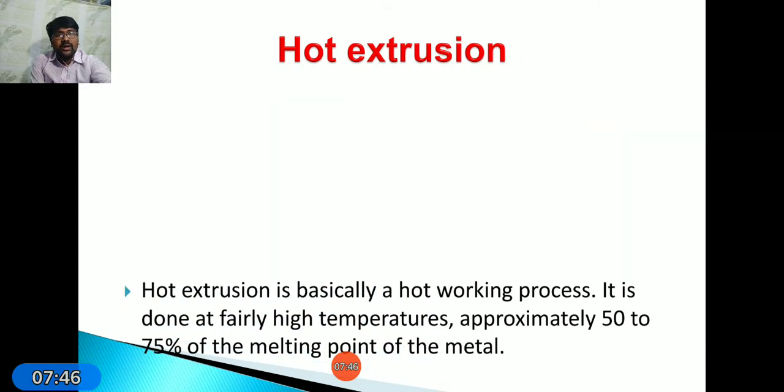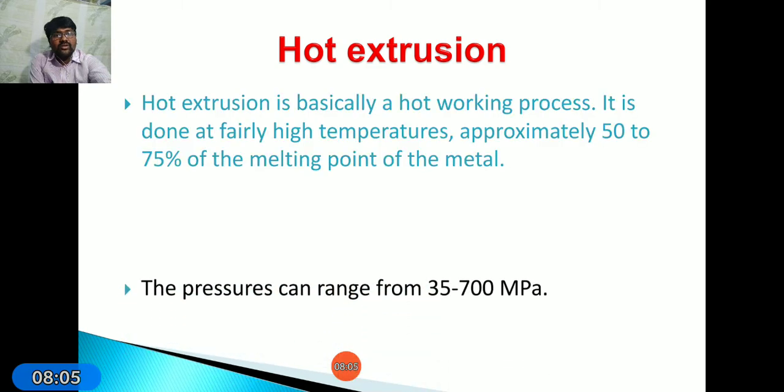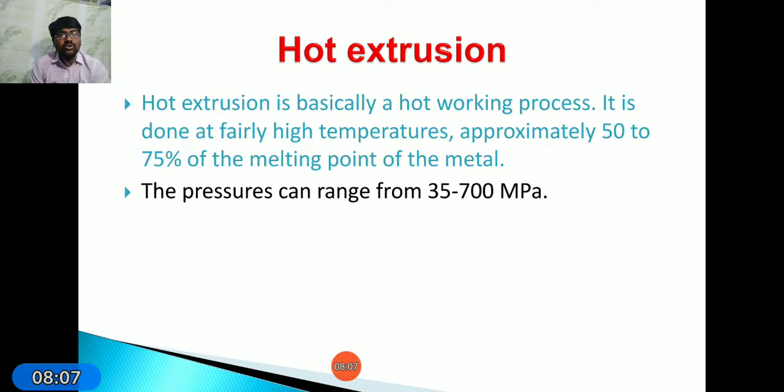Next, coming to hot extrusion. Here, hot extrusion is basically a hot working process. It is done at fairly high temperatures, approximately 50 to 75% of the melting point of the metal, which is known as the recrystallization temperature. At that temperature we have to process the workpiece.